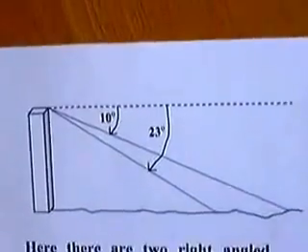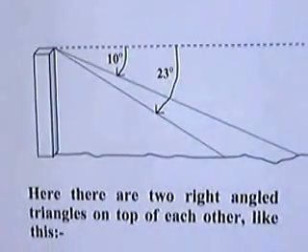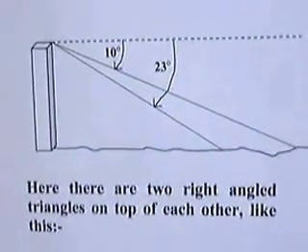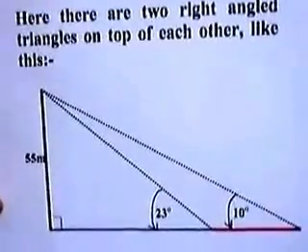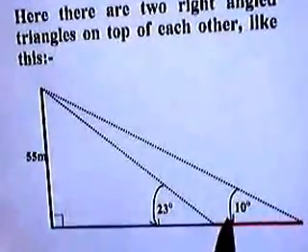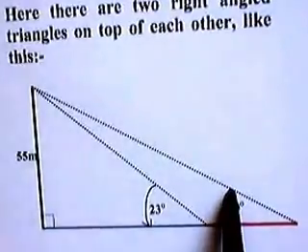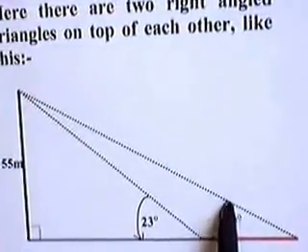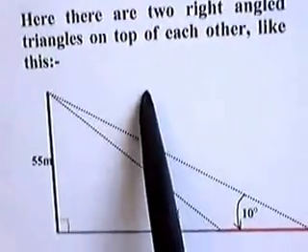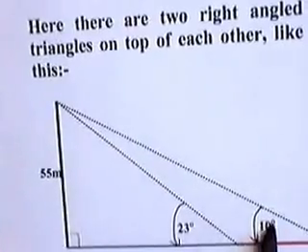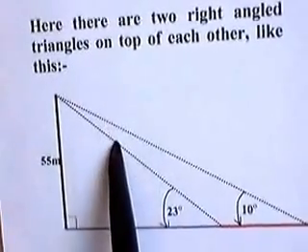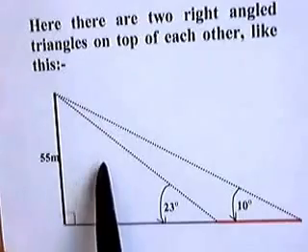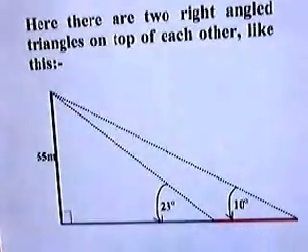Let's see how we have the two right angle triangles, one on top of each other. Well, you've probably guessed what it looks like by now. There it is. Remember the Z angle thing I said? This must be 10 degrees because the angle of depression from the tower is 10 for there, and this must be 23 degrees because the angle of depression for the second prisoner is 23 degrees up there.